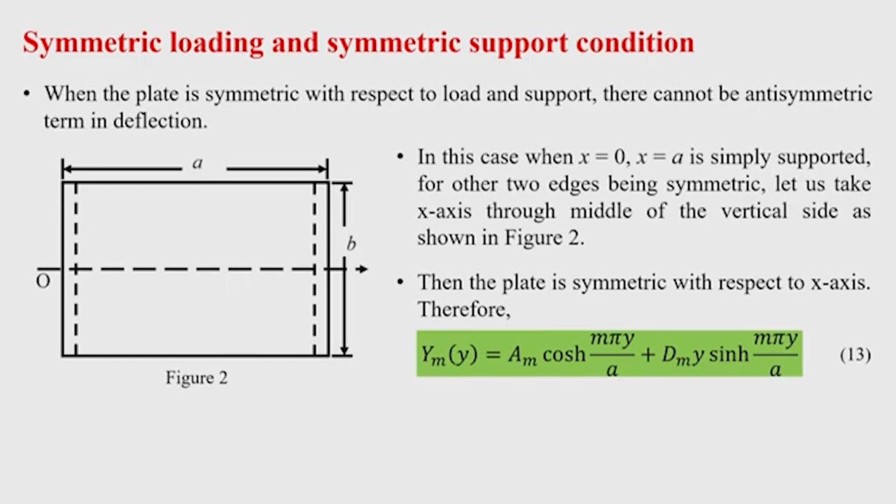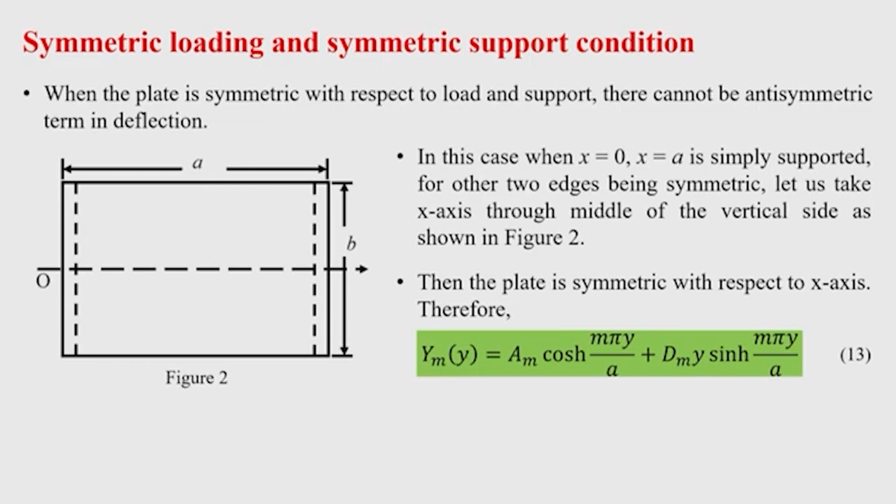When there is an antisymmetric condition, where there is an eccentric loading or anything, then in addition to the vertical deflection, the twisting moment will also be of significant amount. Therefore, in practical conditions we will try to keep the structure symmetric as far as possible.